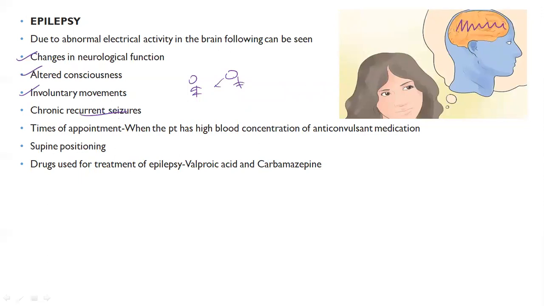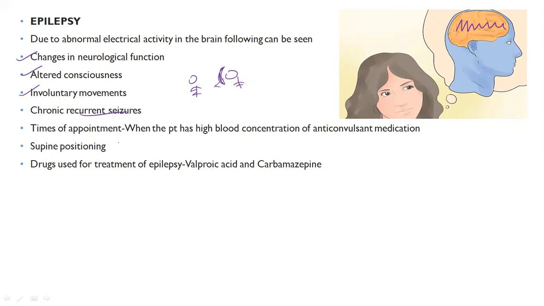Always maintain a pillow below their head, because there is a high chance they'll strike their head back and injure themselves. And always keep them towards the right side, so that if they want to throw up, the saliva or vomit comes out and doesn't go in.